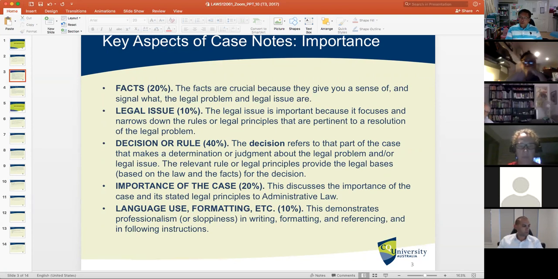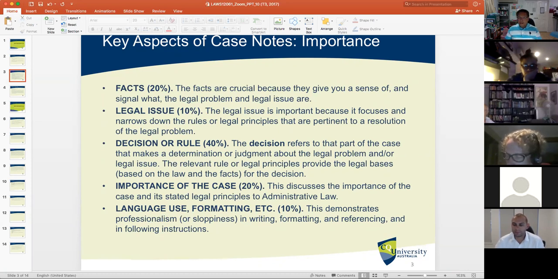You also want to know what the law is, the law that is involved. When a decision maker makes a decision, is that decision maker making a decision, for example, on the basis of a statute? Because we will recall that if the decision is based on a statute, particularly what we call an enactment, then in all likelihood the Administrative Decisions Judicial Review Act of 1977 Commonwealth can be applicable, and can be the basis for an application for judicial review.